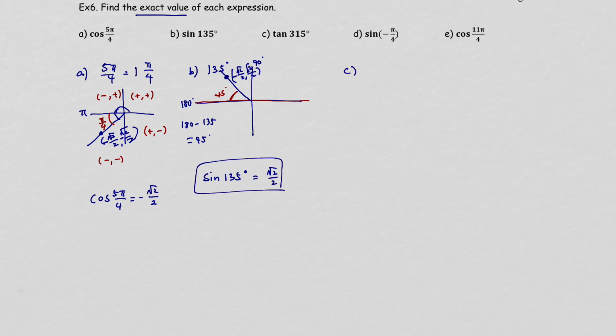And let's look at C. You have a tangent, 315 degrees. What about 315 degrees? This is 270, this is 360. Because we need the angle from your initial line, right, this angle, we do 360 minus 315, we get 45 degrees. So it's another 45 degrees.